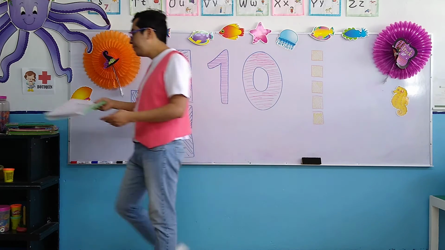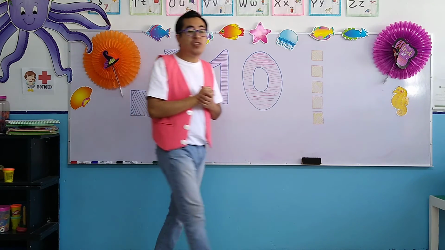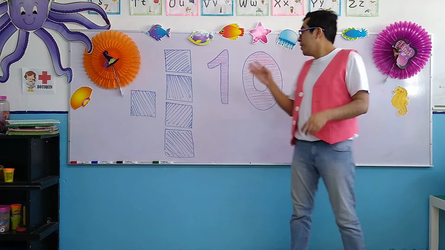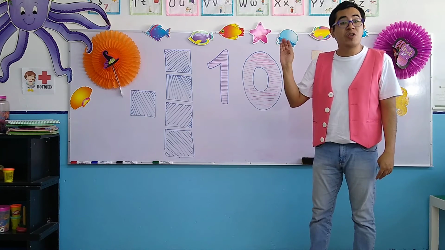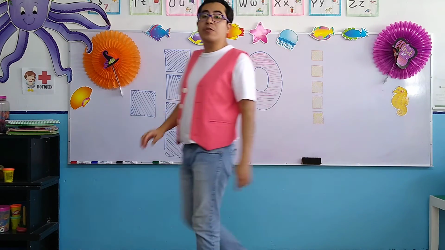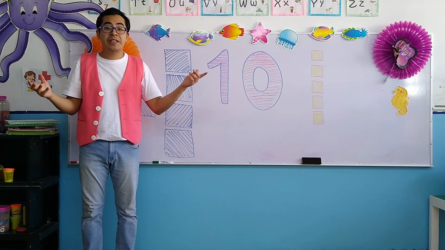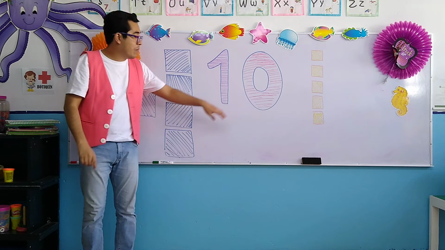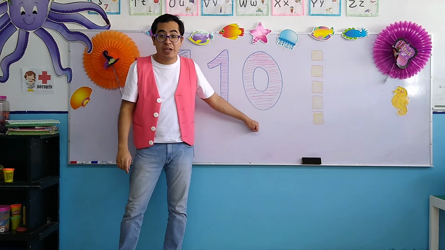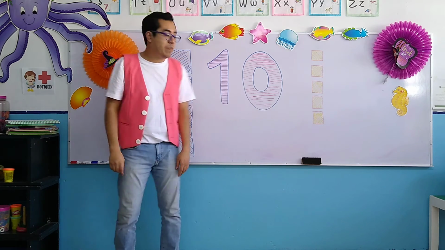Now, before we go, my children, as I told you before, here we have several squares. We're going to count all of the squares that appear right here on the whiteboard so that at the end we can remember the number that we have today, the last number. So let's commence.